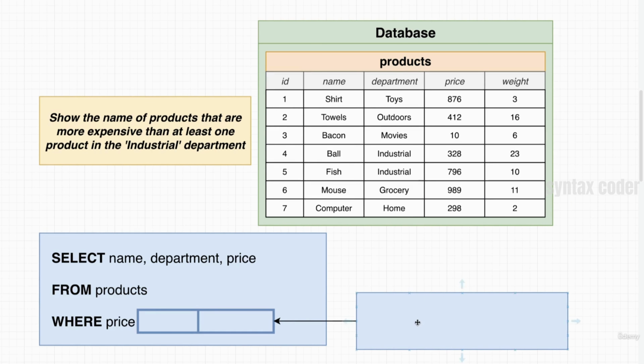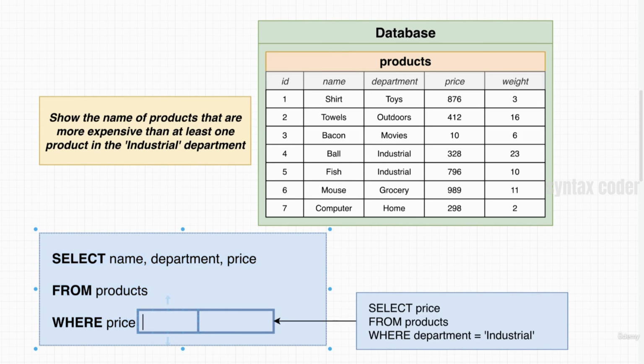All right, so first off, let's imagine what the subquery should be. Well, the subquery, we're going to want to find the price of all the products in industrial. So it would probably be something like select price from products where department equals industrial. Then inside of our where over here, we're going to compare the price, and we're going to make sure that the price is greater than sum of the values listed inside of the column that's coming out of this subquery right here.